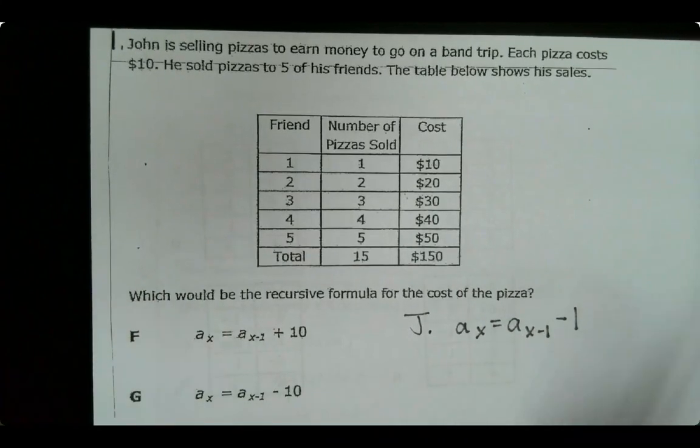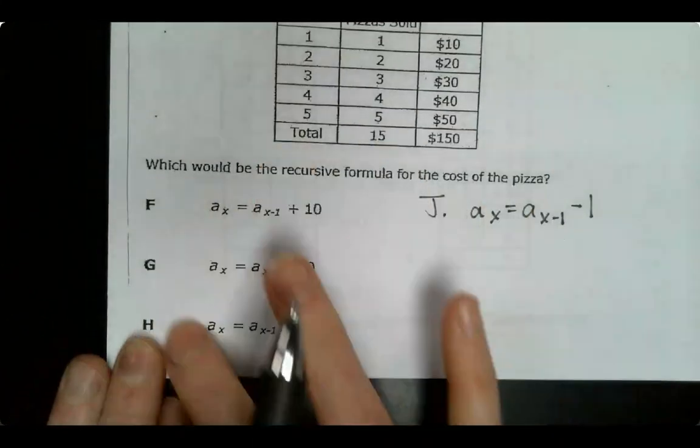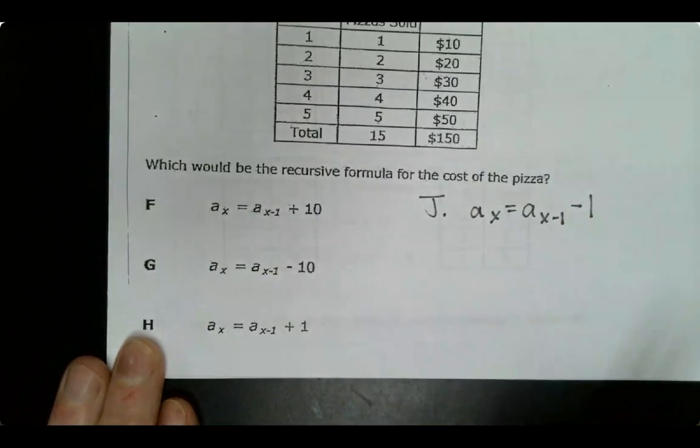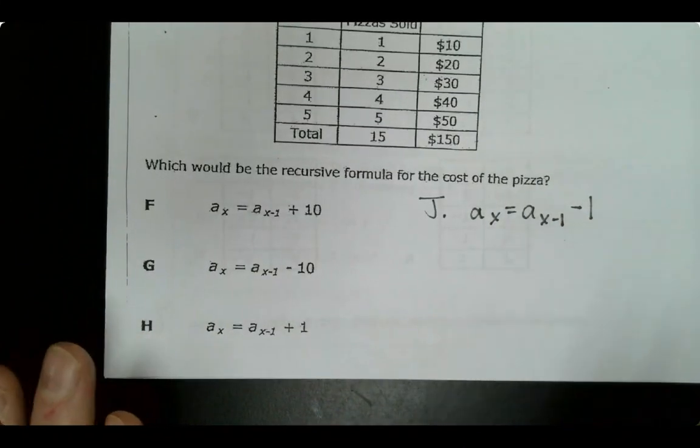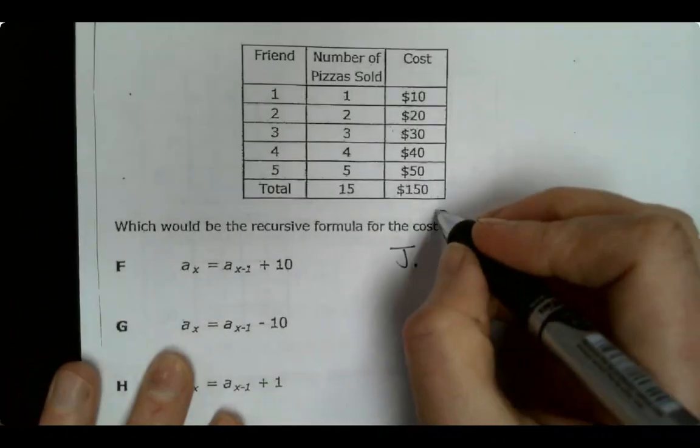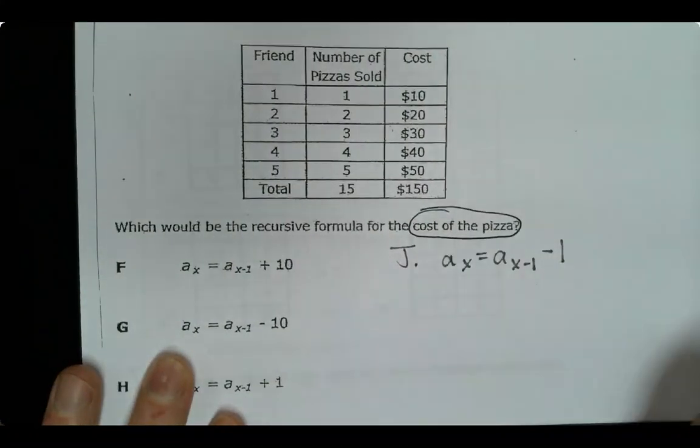So this is one of the things that we didn't spend time on, but we've seen this stuff before. But how it's written, we haven't seen before. But y'all saw it on the benchmark. So that's why we're going over this. I do want you to circle cost of the pizza.